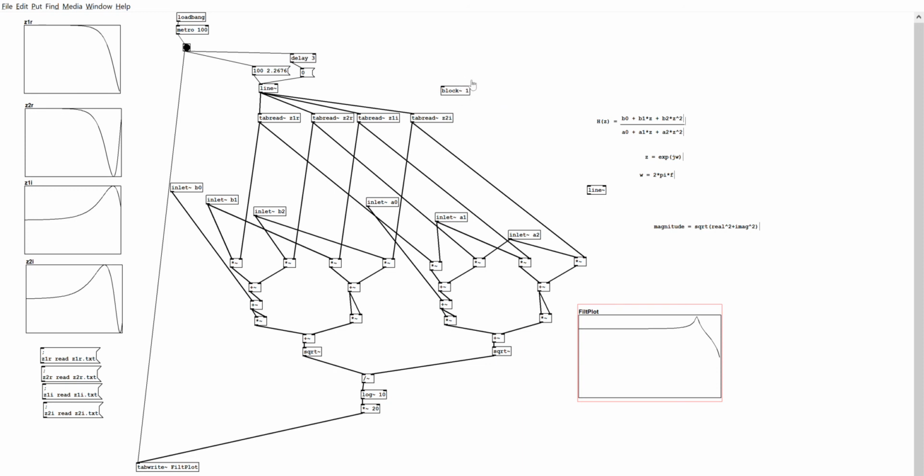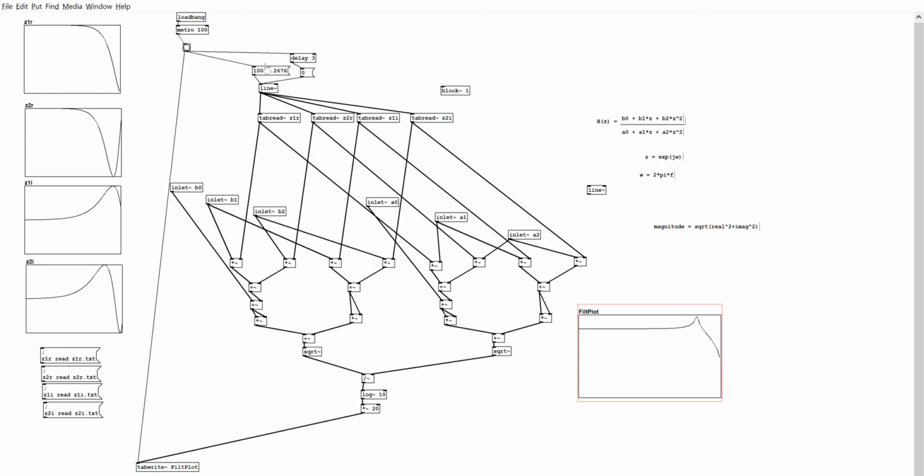size to 1. So traditionally, PureData is working in terms of frames, 64 samples per frame. I've essentially set it up to work on a sample by sample basis by saying each block is only a single sample. And what we're doing with line here is we're creating a ramp that just sweeps through all the indexes of these vectors.